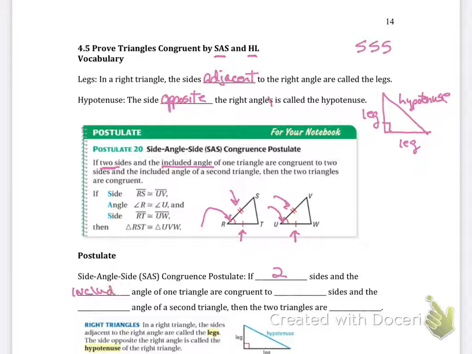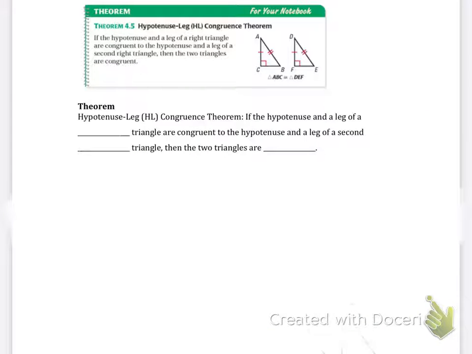It's not any angle, it's the included angle of one triangle are congruent to two sides and the included angle of a second triangle. Then the two triangles are indeed congruent. Okay, and here is your more information about right triangles. This is exactly what I did for you right there. Okay, let's go on to the next page.